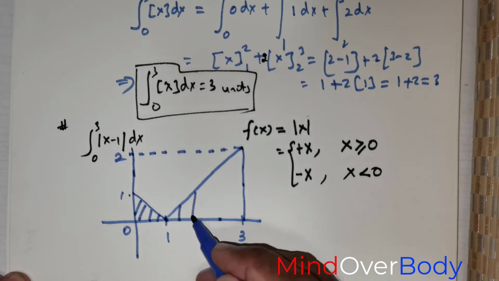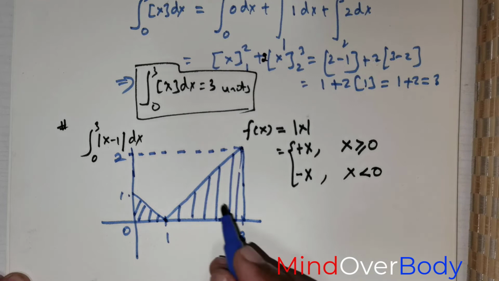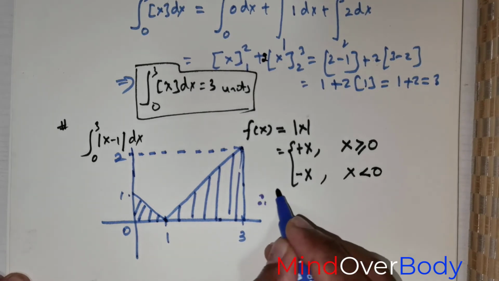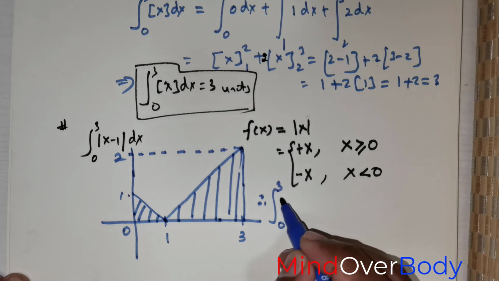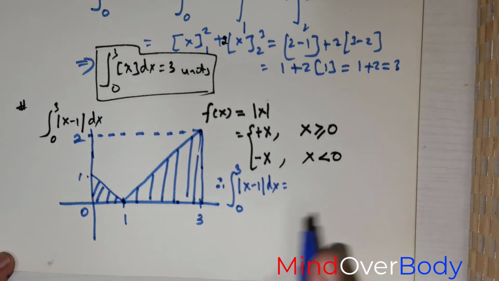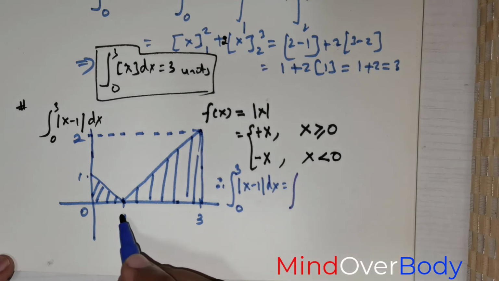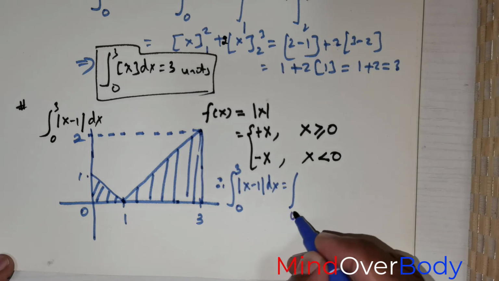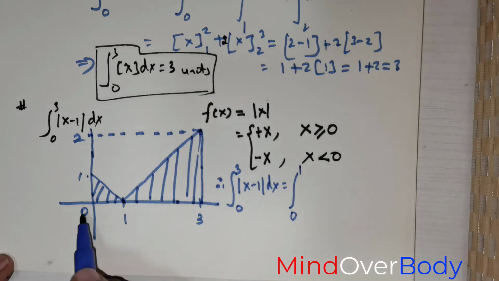Right. So the region that is required is this. This is what they want us to find, the area of this particular region. So how are we going to find the area of this particular region? Let me fix the question. Integral 0 to 3 modulus of x negative 1 times dx would take the following form. For values between 0 and 1, because at 1 the graph is hitting the axis, as I mentioned to you in property 3 of the integrals of definiteness, we need to split the function.